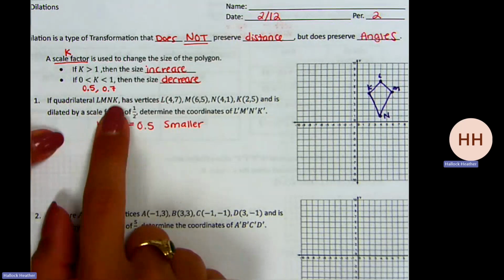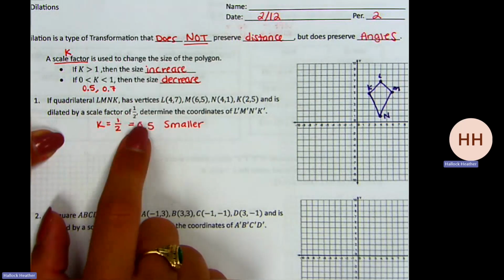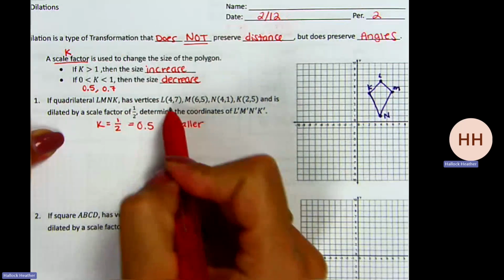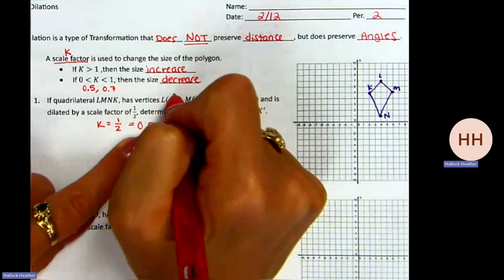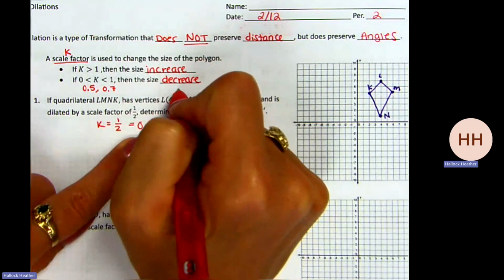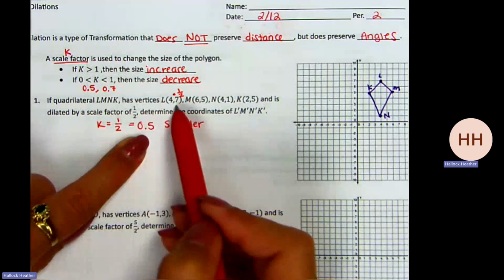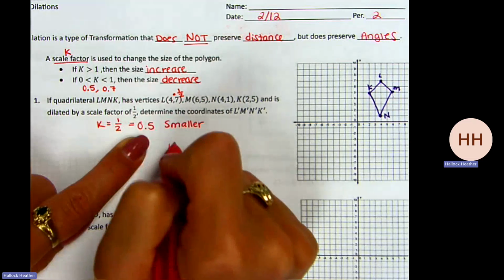Okay, I started with a very nice scale factor. They're not always going to be this easy just because 1/2 is easy to visualize. So if L was 4, 7, I'm technically multiplying each coordinate point by 0.5, which is 1/2. So if L was 4, 7, does anybody think that they know what L prime is going to be now?